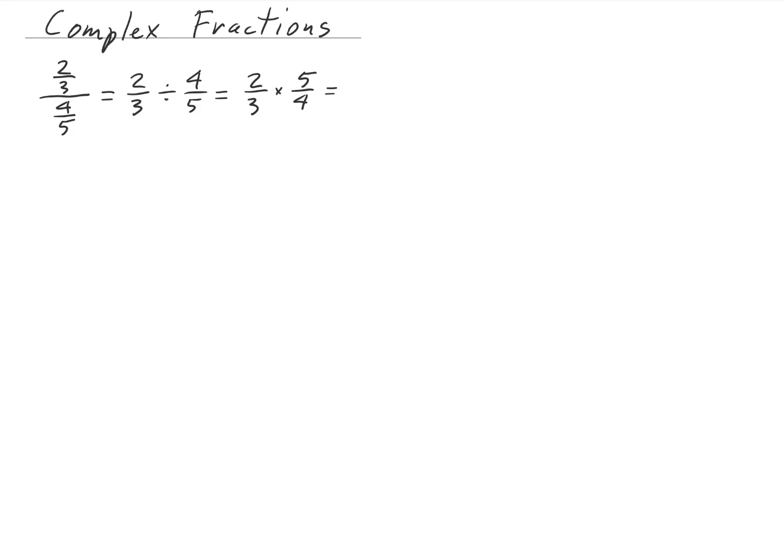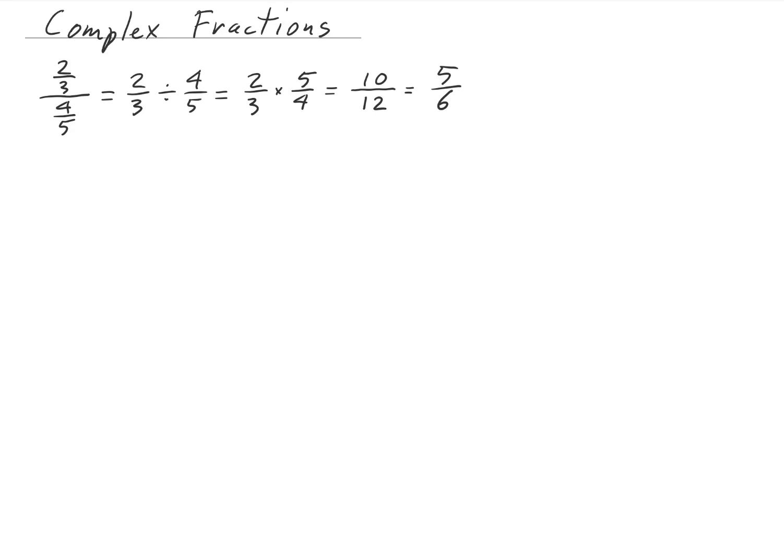And then we just multiply the fractions. We multiply the top two numbers together. 2 times 5 is 10. And we multiply the bottom numbers together. 3 times 4 is 12. So we get 10 over 12, which reduces to 5 over 6.